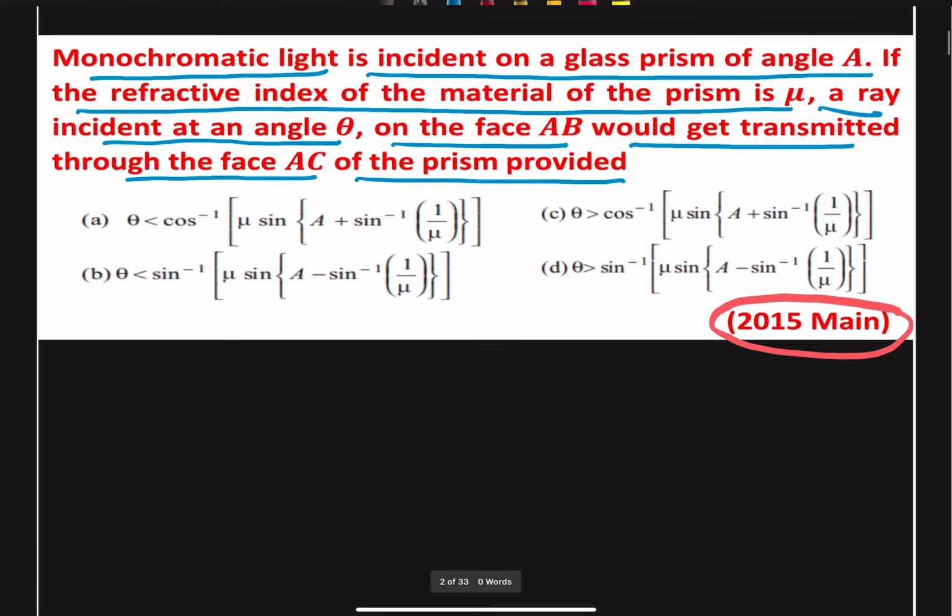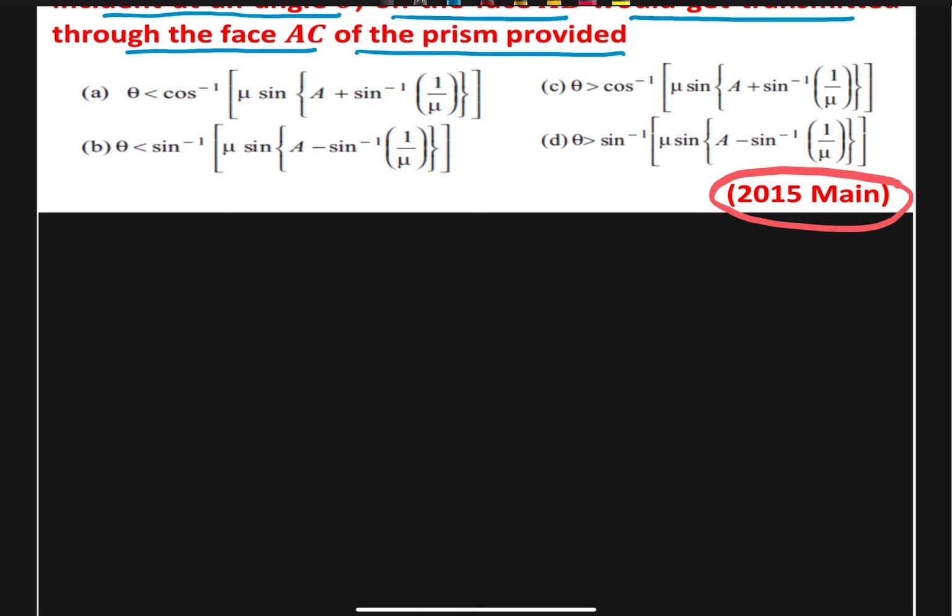And so here we are given a prism, so let's draw the approximate figure for that. A is given as the angle of the prism, and we have a ray of light which is incident at an angle of theta, and it will be refracted to the other end.